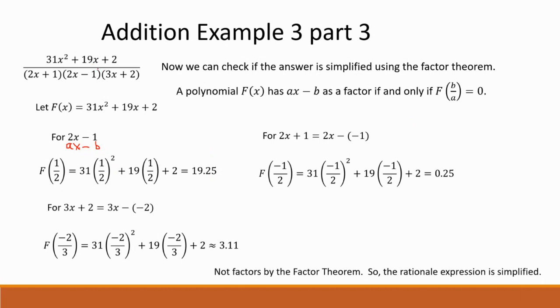Where did the 1 over 2 come from? So do you see how in this theorem here, right, we have a polynomial capital F and we have ax minus b? Right? So we want to know if ax minus b is a factor of capital F, which is the numerator for us. This is a factor if and only if capital F, the polynomial, evaluated at b over a is 0.